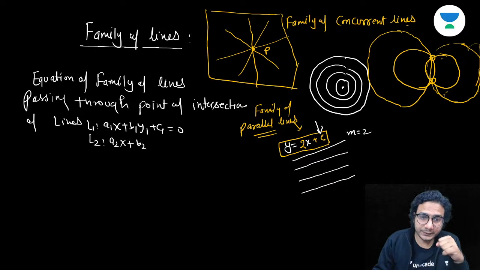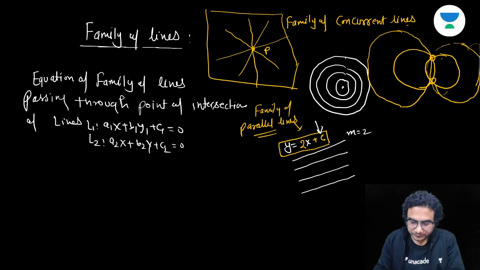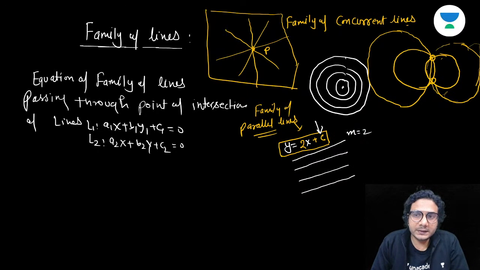These are fixed lines. Now the point is not given, two lines are given. So what does this represent? We need to write a family of lines passing through the point of intersection of two given lines.